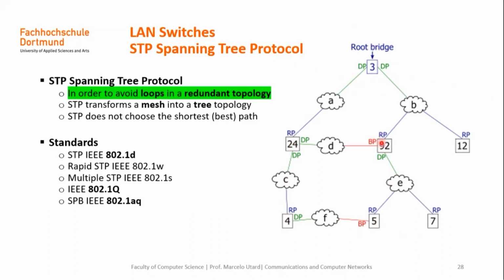The loops are produced because when, for instance, this device sends a broadcast over this segment, this collision domain, the broadcast is received by this switch. The switch forwards the frame over this segment, for instance, and over this segment. The frame that is forwarded over this segment is received by this switch, and this switch then will forward this broadcast frame over this other segment.